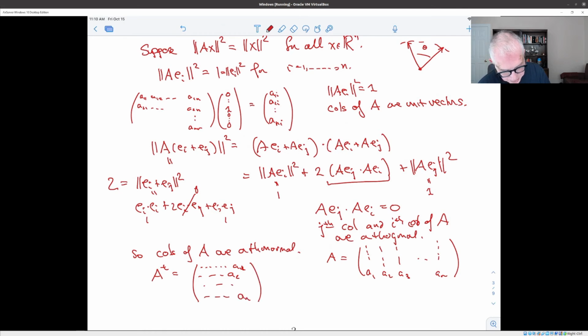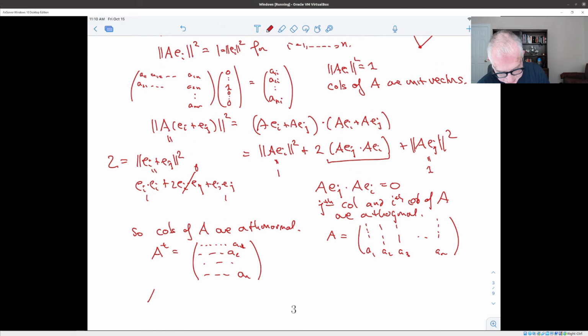And when you multiply A transpose times A, you've got the rows times the columns here.